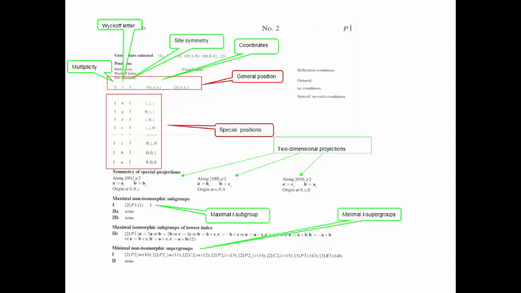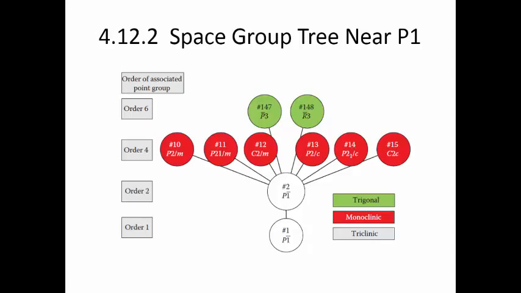So the subgroups will be the largest groups below, and the minimal supergroups are going to be the largest groups above. So we're going to be looking at first 1, and then we're going to be looking at these particular groups, and we can put that into a diagram.